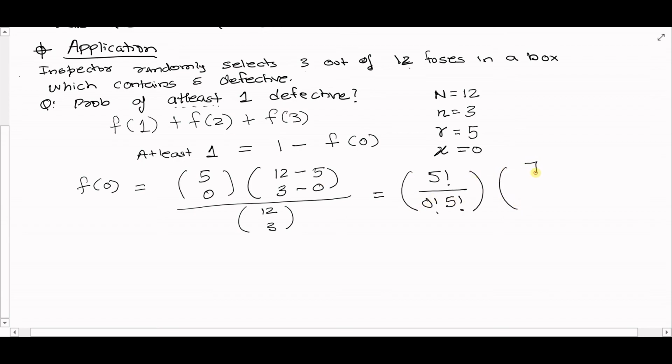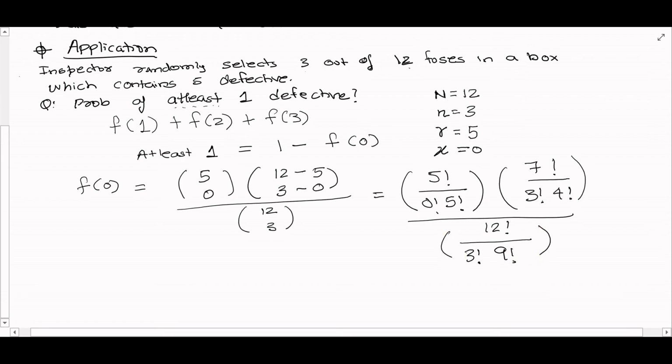That's 7 factorial. And then 3 factorial. And then 7 minus 3 factorial, which is 4 factorial. And then we have 12 factorial divided by 3 factorial. 12 minus 3 factorial is 9 factorial.